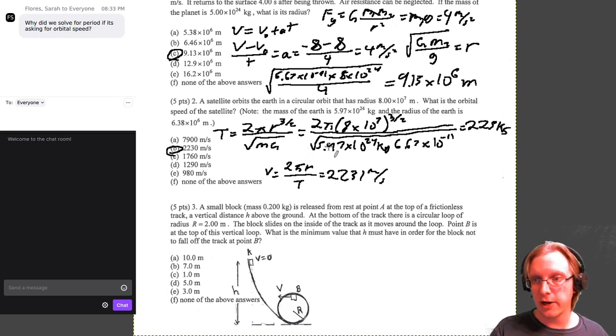If I wanted to, I could have taken this equation here and dropped it into there. This 2 pi we cancel with that 2 pi. We get square root of mg on top, and one of the r's cancels out, and so this turns into the square root of mg divided by r.